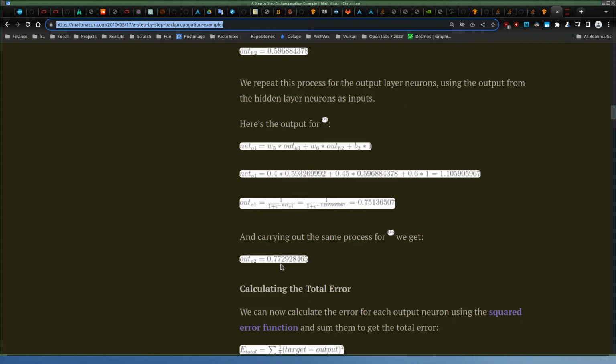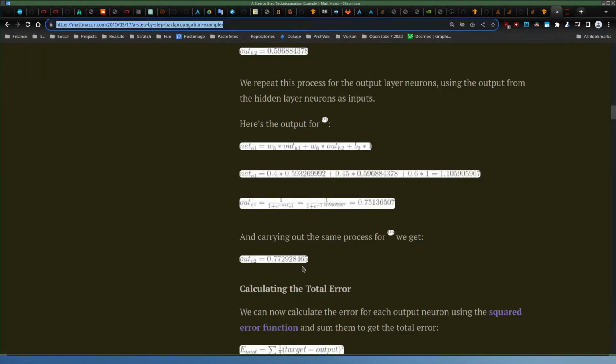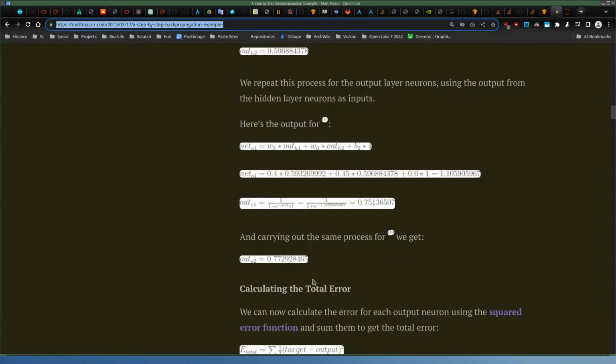And this one, 0.772928465. Why is it one longer than the other?